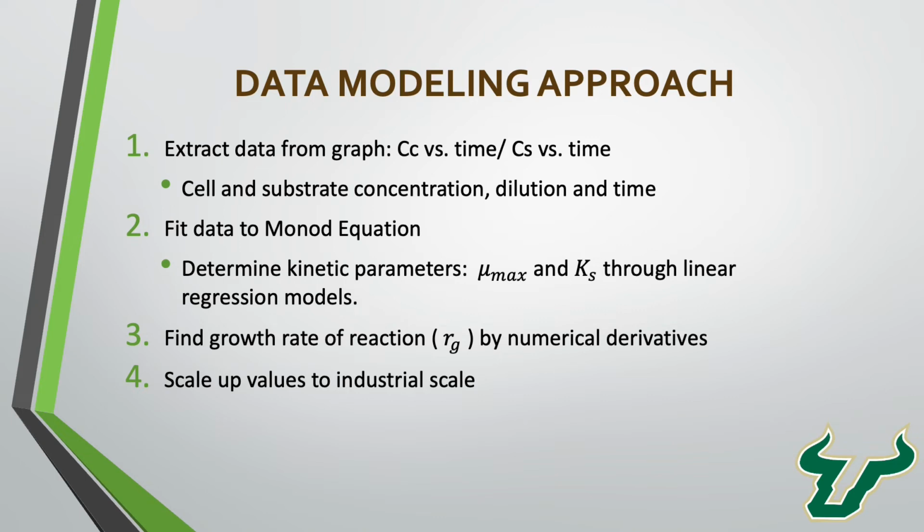We used that data to fit into the Monod equation. Using linear regression, we obtained the kinetic parameters needed, the Monod constant and the maximum growth rate. The growth rate of the reaction was found using numerical derivatives of 3 points. Finally, we used these values to scale up to an industrial size.